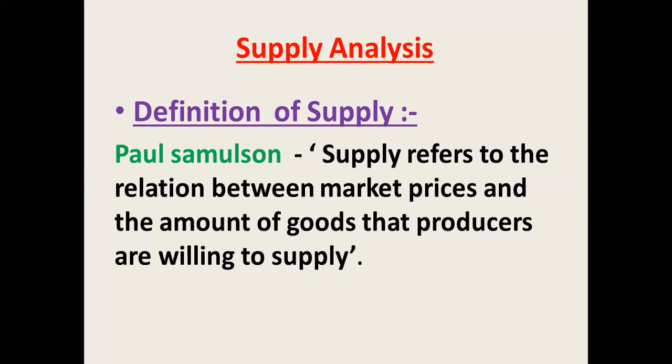At 30 rupees per kg, if he offers 800 kilograms of rice for sale at a given period of time, then that 800 kilograms of rice is his actual supply. That is the definition of supply. This example is related to the agricultural sector, the farmer, and it is the best example.